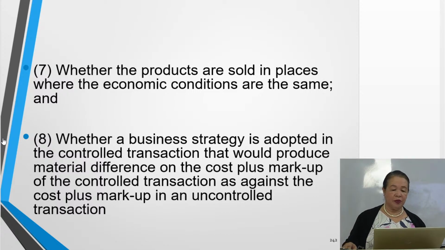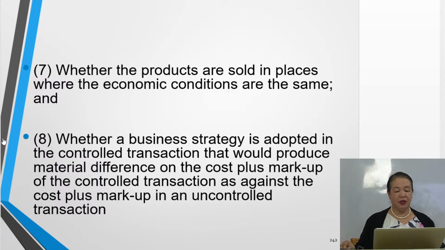Hindi naman pwede na since may business strategy ka, forever mo na gagawin, no? Business strategy is adopted in the control transaction, produce material difference on the cost plus markup. So, material po yung difference ng business strategy, no? So, yan na yung basis na magko-compare na tayo.